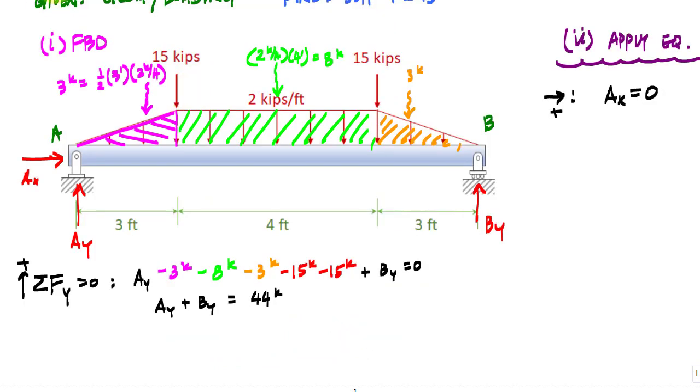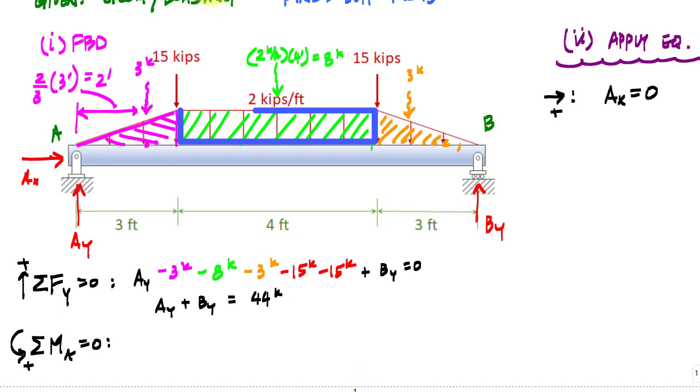And then I want to take some of the moments about A here, and then I got to find the resultant. The resultant of all my distributed loads acts through the centroid of the area. So for this first triangle, the resultant acts through this point here, and this distance would be the centroid of the triangle, which would be 2/3 of its base, 2/3 times 3 feet.